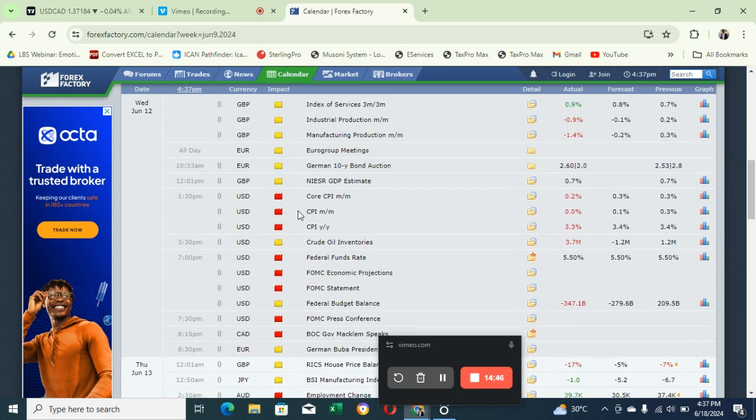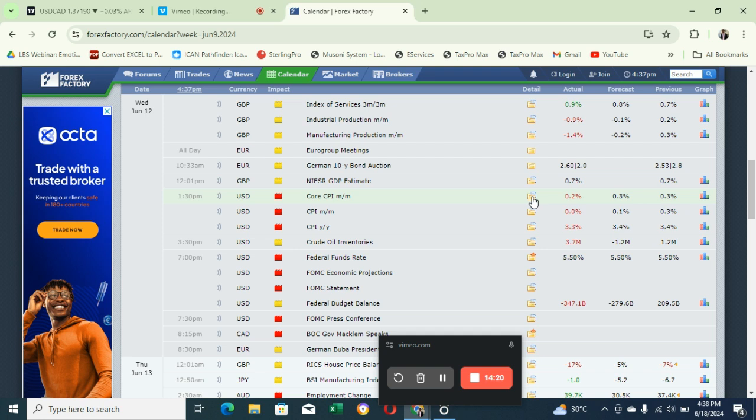The news was in color red. Anytime you see color red on the chart, just know that it's going to be for a sell.